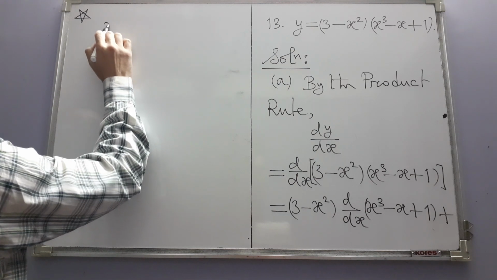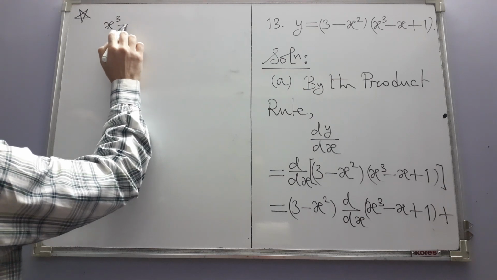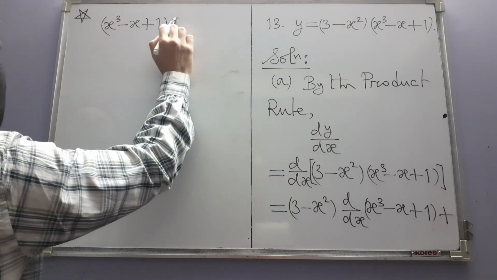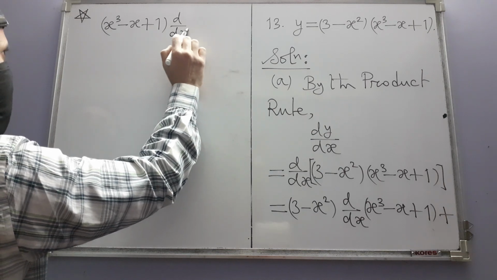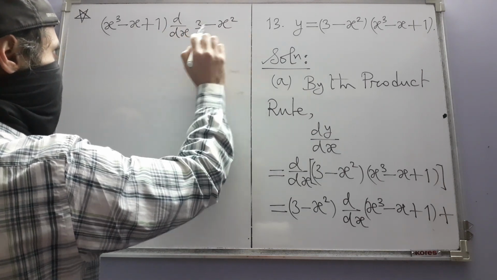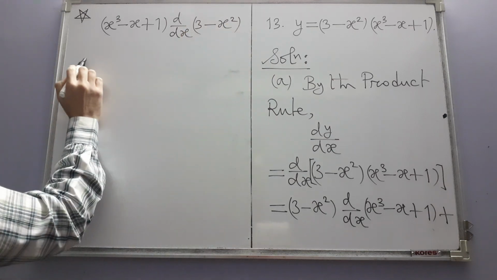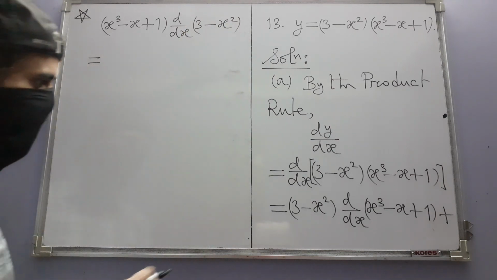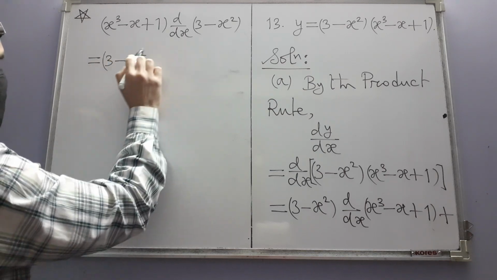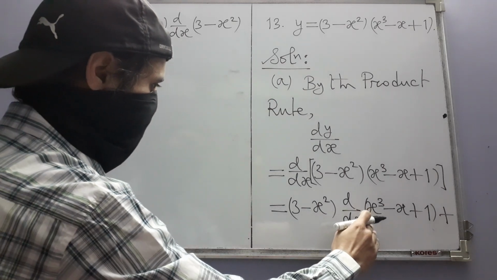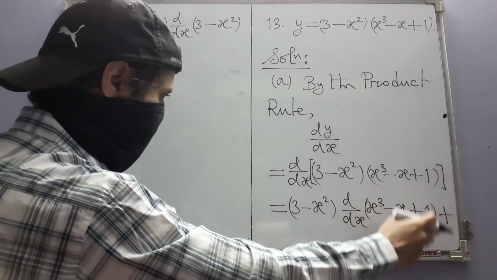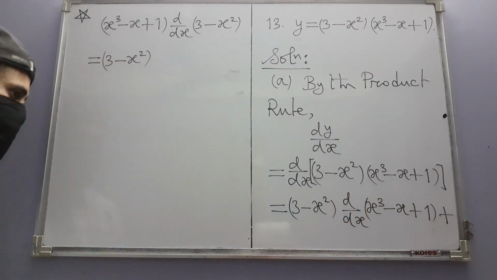Plus x cube minus x plus 1 times the derivative of 3 minus x square. So 3 minus x square times the derivative of x cube minus the derivative of x plus the derivative of 1.